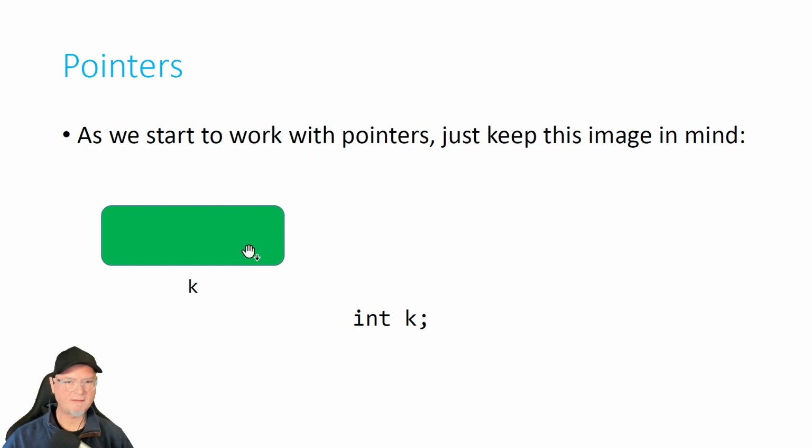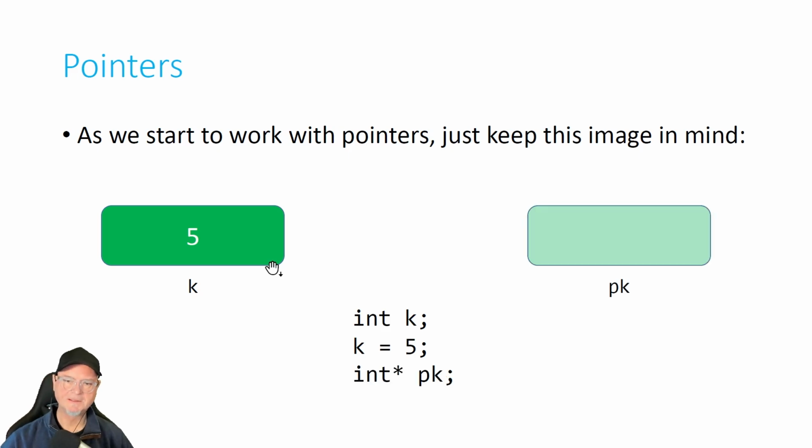We don't even have to think in any more detail than that. And by virtue of declaring it as an integer, maybe the color of that space that we've set aside is green. Okay, so we know that it's an integer because it's green. And then we can assign a value to that variable k, and maybe here we put 5 in it, and that's like putting 5 into this space, and boom, 5 pops into the space.